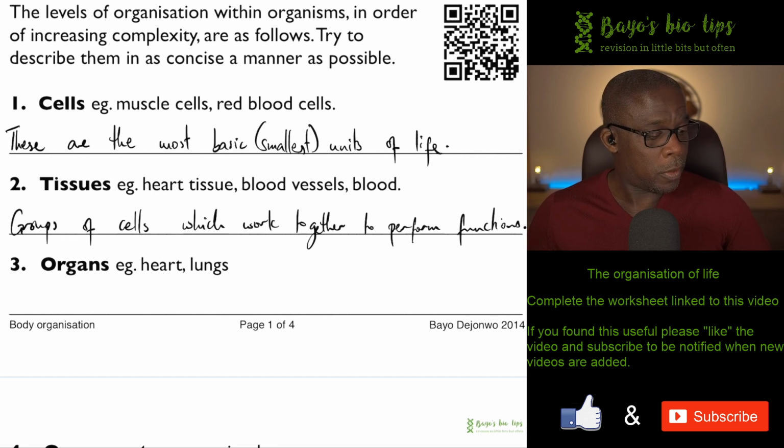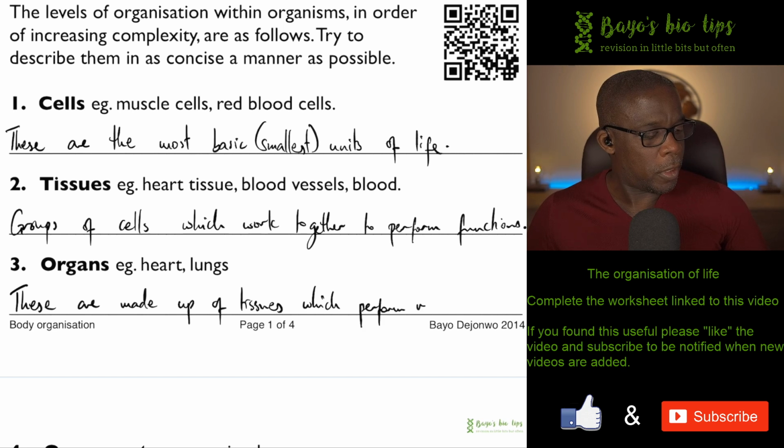Organs. So these are made up of tissues which perform related functions. And an example of that would be the heart or the lungs and so on.